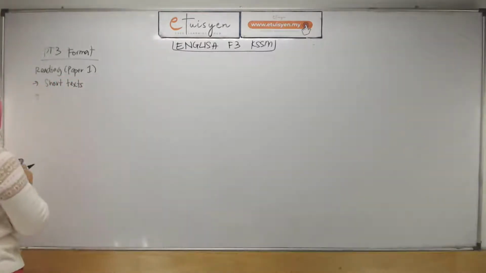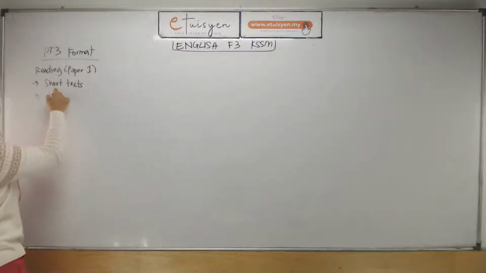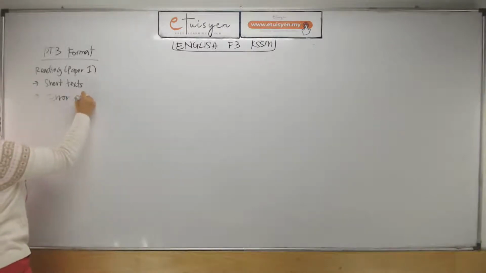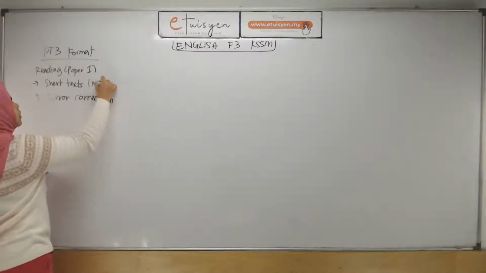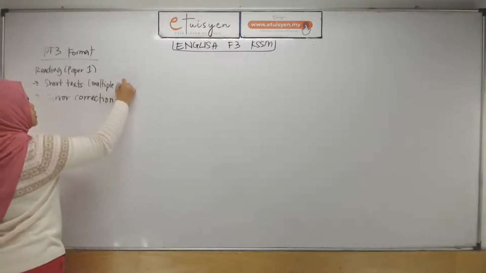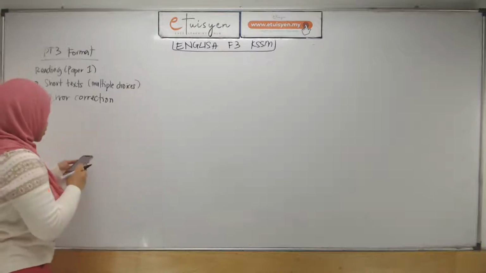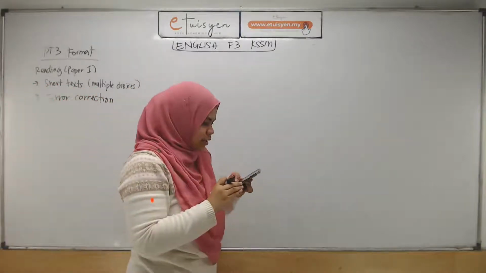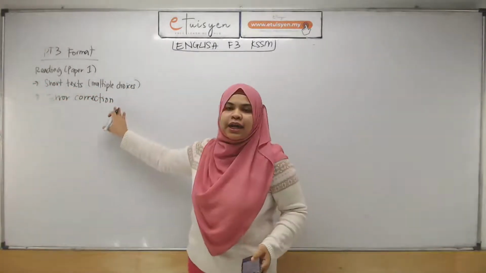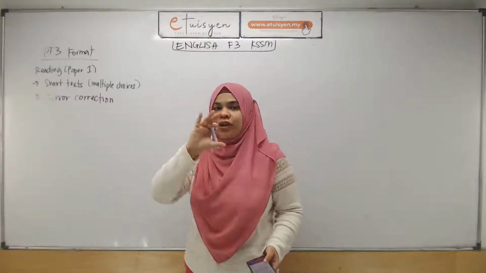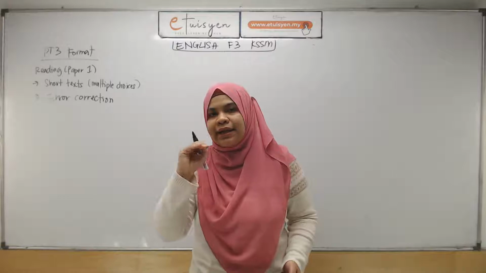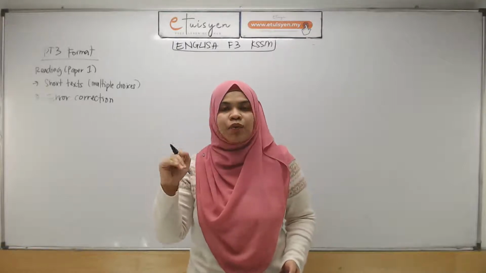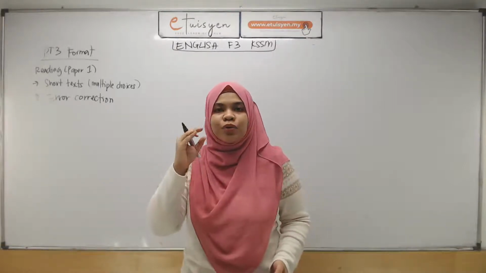Second one is error correction. So yang ni actually multiple choices. Error correction ni, they will give you a short text, and then dia akan highlightkan some words. You will be asked to correct them.